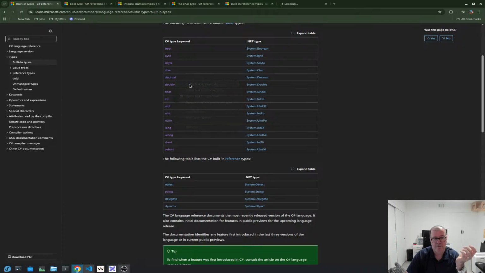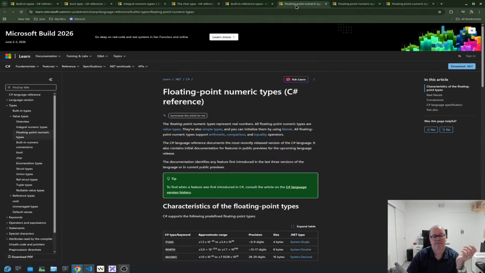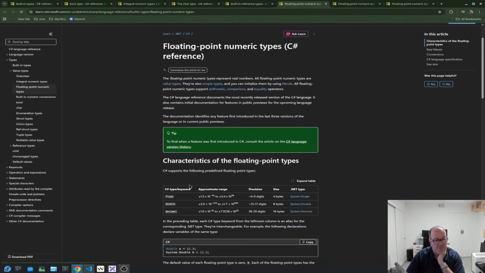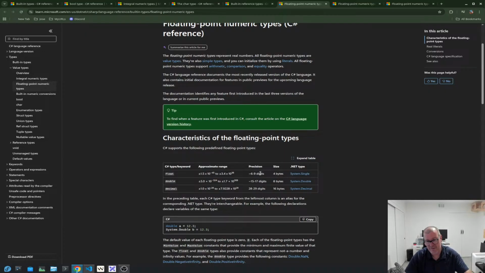If you go and check those types, we can have an idea. Look, float uses 4 bytes, double 8 bytes, decimal 16 bytes. And then we can see here what the range is, 1.5 multiplied by 10 to the minus 45. So those are huge numbers. And internally, they are represented a little differently. There is some math behind it to use all that precision.